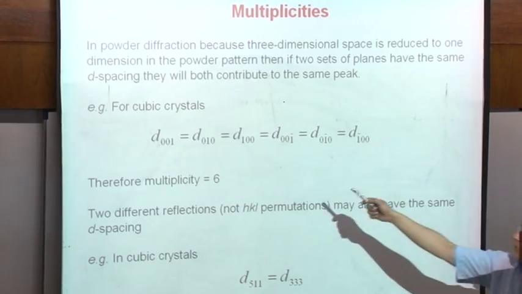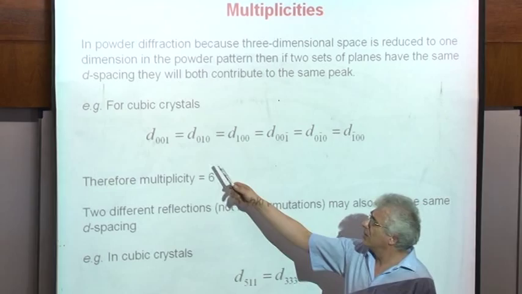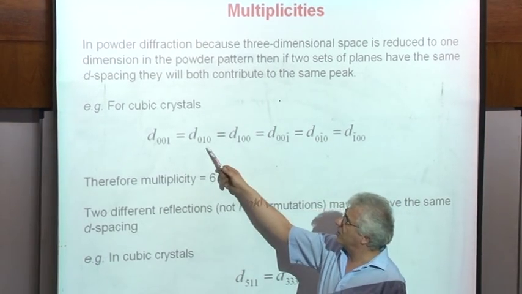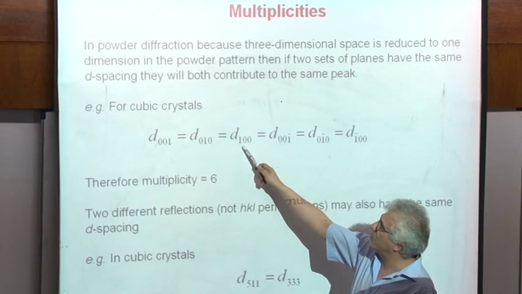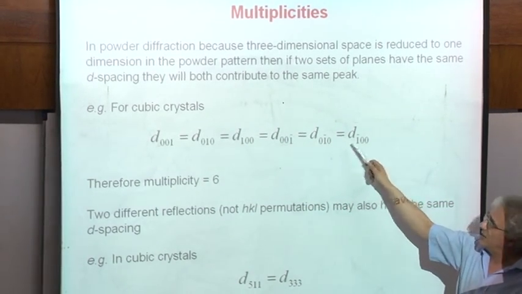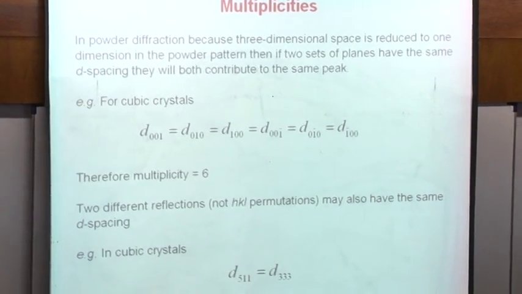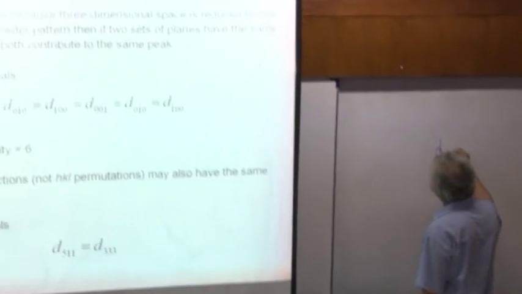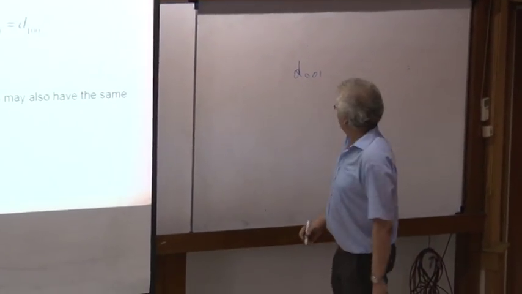So, for example, in a cubic crystal, any cubic crystal, the D001 is going to be the same as D010, the same as D100, the same as D00-1, etc. So for this reflection, we say that D00 actually has a multiplicity of 6.